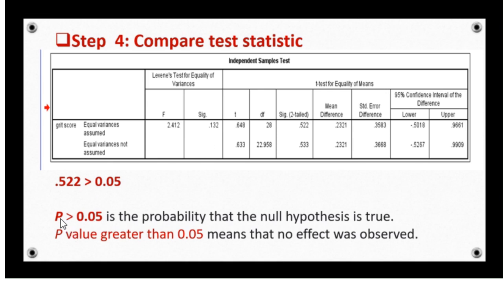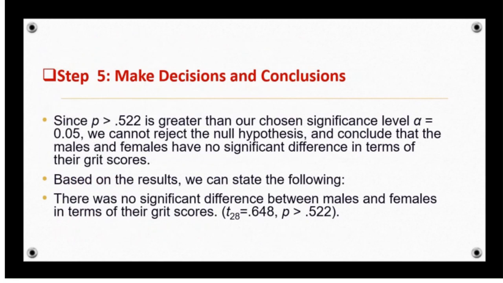Now for that, p greater than 0.05 means that no effect was observed. So for this, you should note that we cannot accept the null hypothesis. We can only reject the null or fail to reject it.